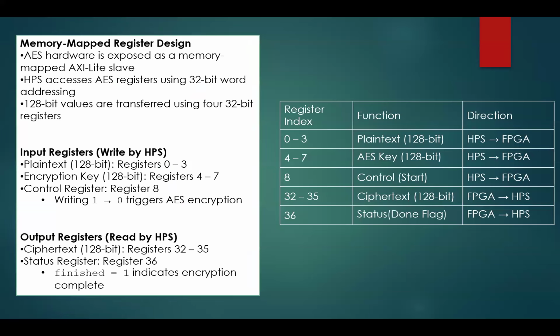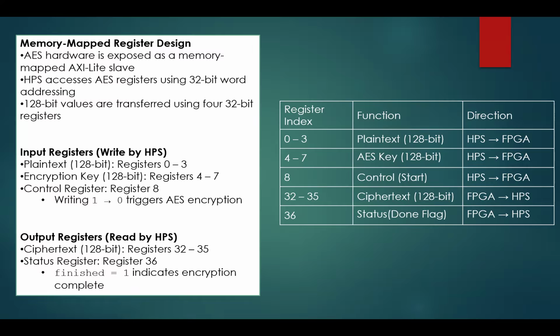Memory mapped register design. The AES hardware is exposed as a memory mapped AXI Lite slave. HPS accesses AES registers using 32-bit word addressing. The input registers are the 128-bit plain text in registers 0 to 3 and the 128-bit encryption key in registers 4 to 7, with control register 8.